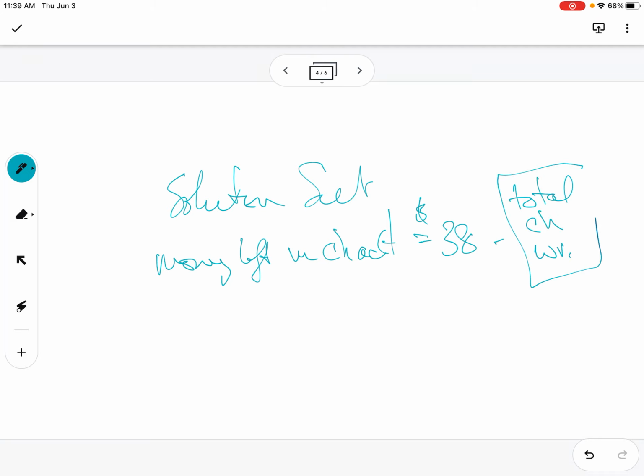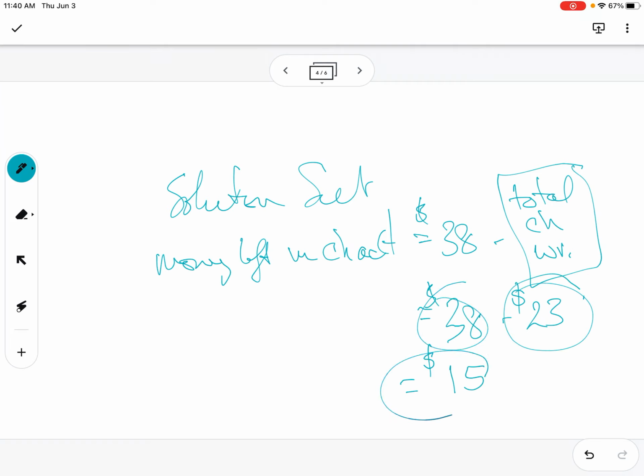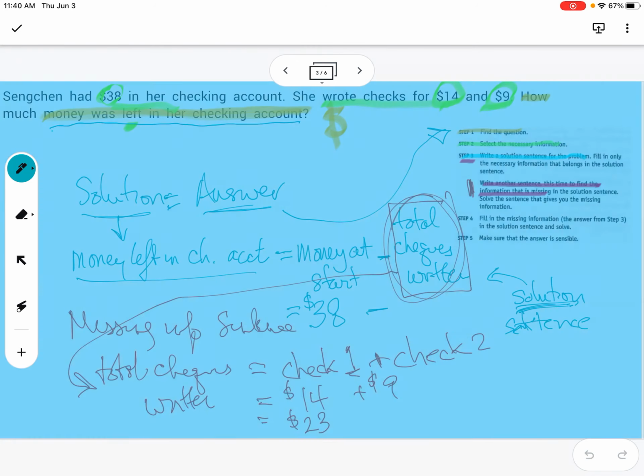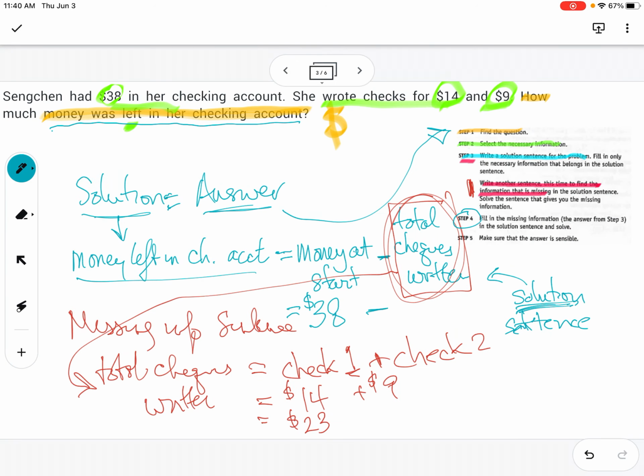This we did not have before, now we have it. So it's $38 minus $23, and we come up with an answer of $15 left in the account. So what I've just done by putting in the number 23 and the number 38 and calculating, that is step number 4 that I've just completed. Fill in the missing information in the solution sentence and solve.